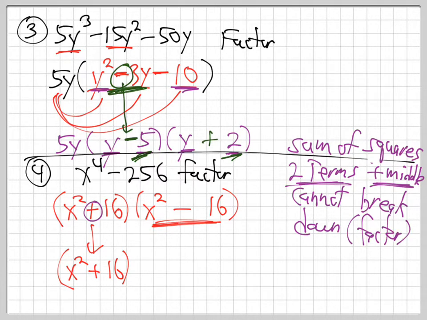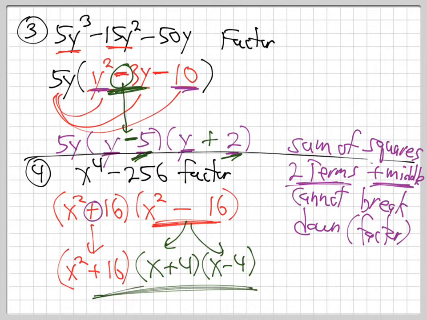Whereas the minus, that will. The minus will break into x plus 4, x minus 4, and that's our final answer, right? Because positive 4 times negative 4 is negative 16.